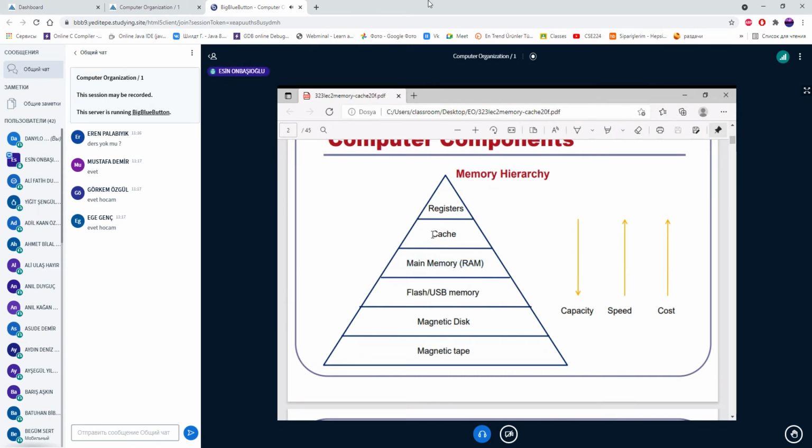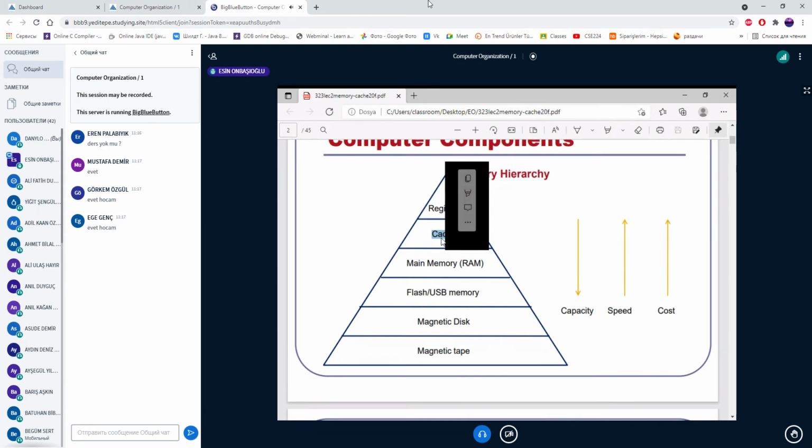And there's also a cache memory, which I'm going to explain today, between registers and main memory, because we said that main memory is slow to access, but it has larger size. Registers are very fast to access, but it's not possible to keep everything in the registers.